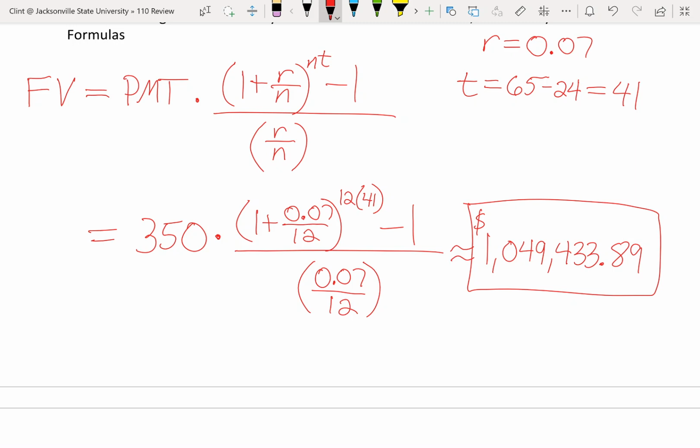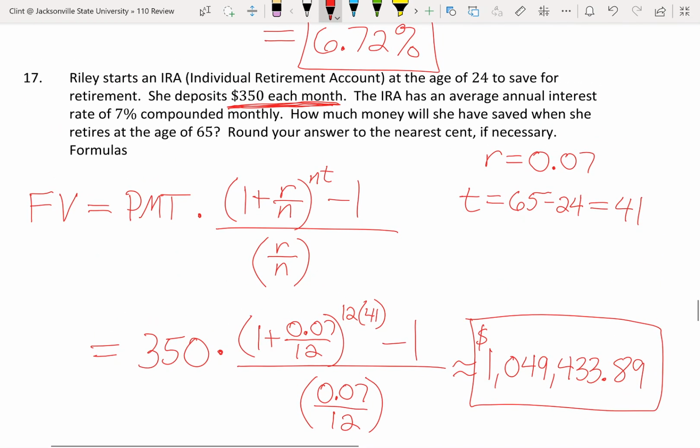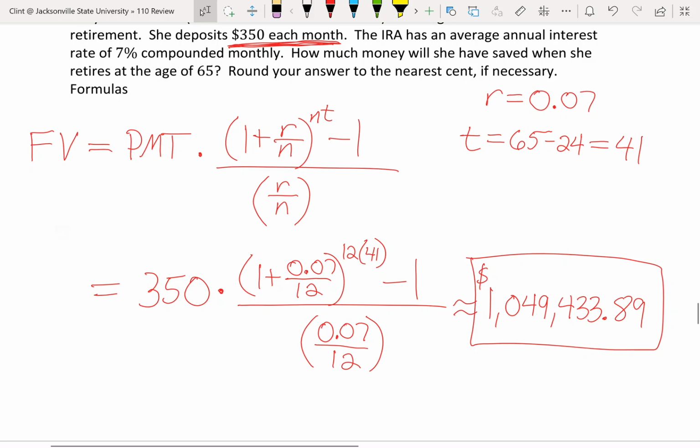Let me make sure that's correct. That is not what... Let me try punching it again. I got all my numbers in the right spot. Okay, let me try it one more time.